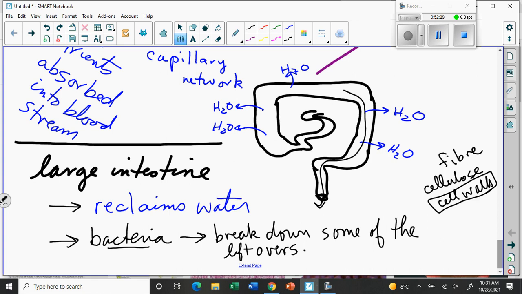But that's a good thing because the colon is doing that peristalsis to push things through, and it's easier to push something that's got a little bit of form to it than something that's too sloshy or too dried out and hard.